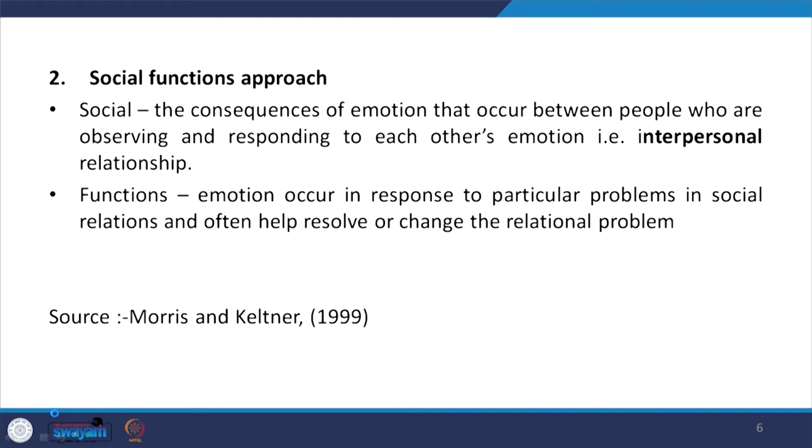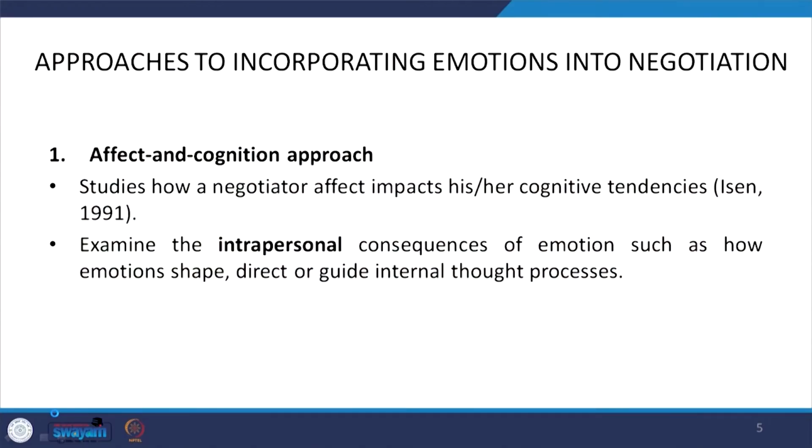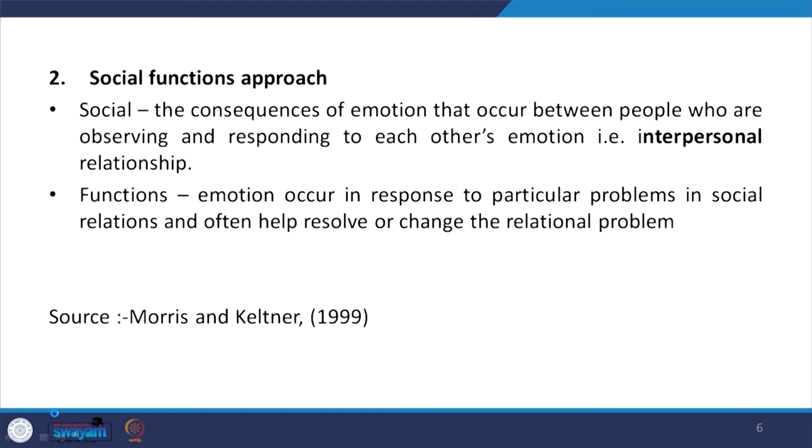The second one is the social functions approach. In the social functions approach, the consequences of emotion occur between people who are observing and responding to each other's emotion, that is, the interpersonal relationship. So, in the affect and cognition approach, it is the intrapersonal consequences, but when we are talking about the social functions approach, it becomes an interpersonal relationship.